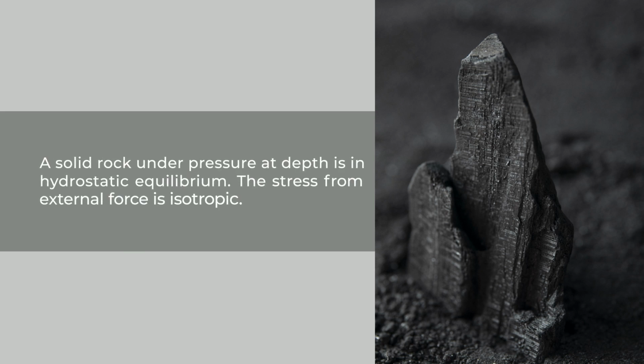And there is another kind of pressure which is called shear stress. Now, the solid rock under pressure at depth is normally in hydrostatic equilibrium. That means the stress from the external force is isotropic, that is, in all directions it is the same stress.